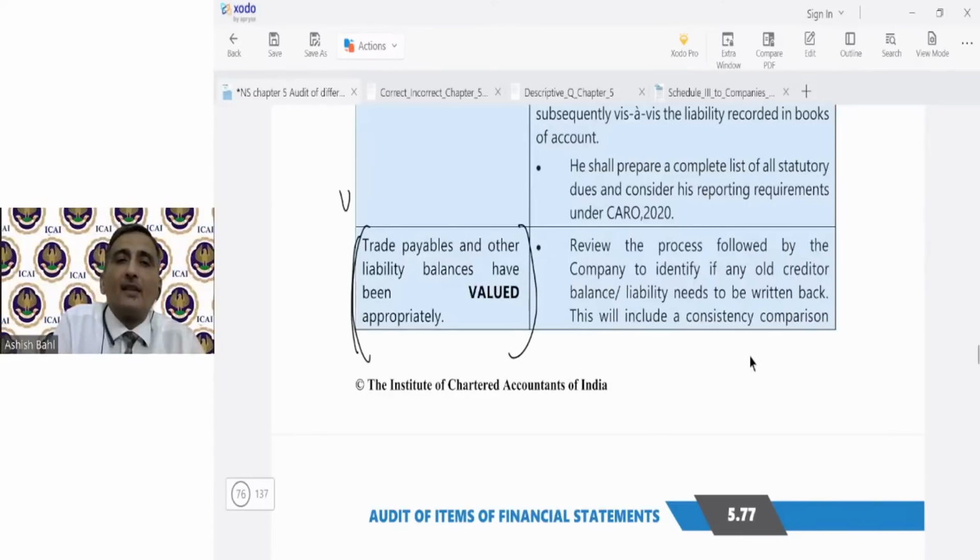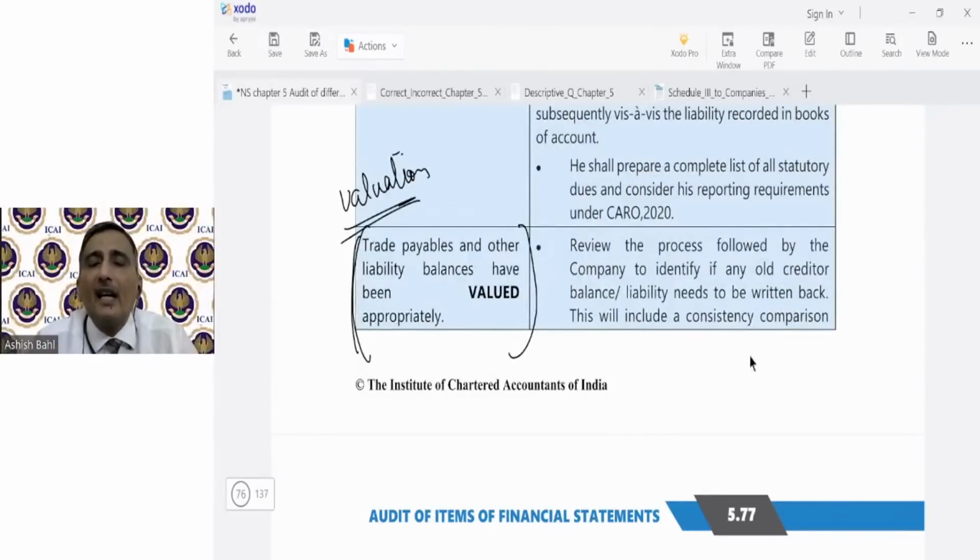Now valuation assertion. So students, the rights and obligations assertion is not there in your module. Why? Because it is implied here.